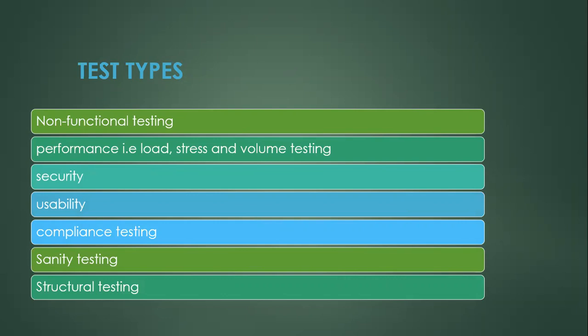What are the types of testing? We've got various types of testing. Non-functional testing. What is non-functional testing? They are things like performance testing, where you want to know the capacity a website can take, the load, the volume it can take at once.